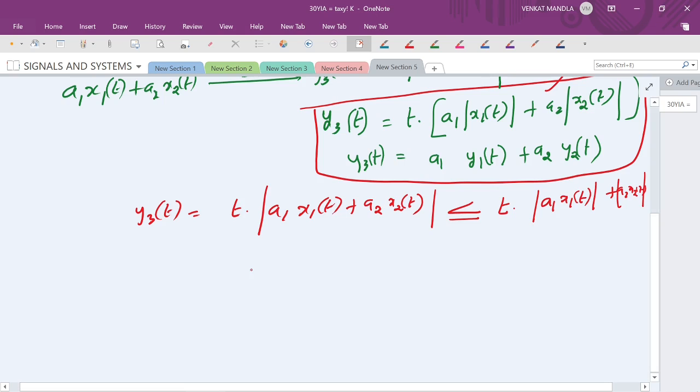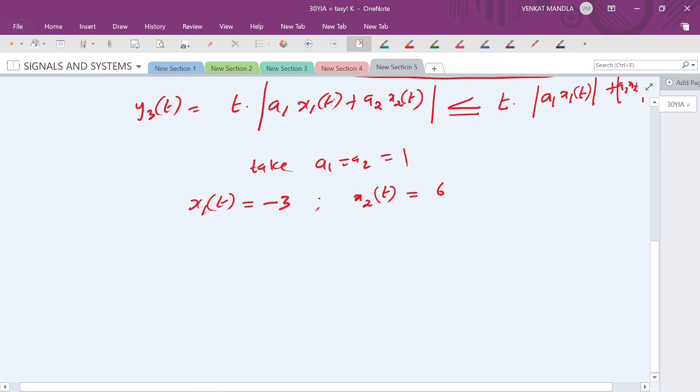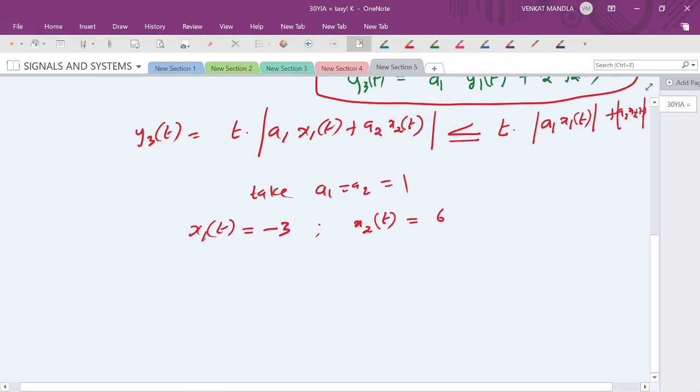Let us take, for simplicity, a1 equal to a2 equal to 1, and x1(t) equal to, let us say, minus 3, x2(t) equal to, let us say, plus 6. I'm taking constants for simplicity.